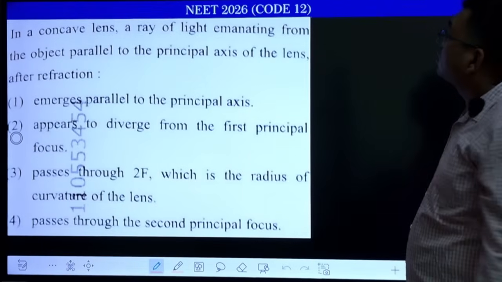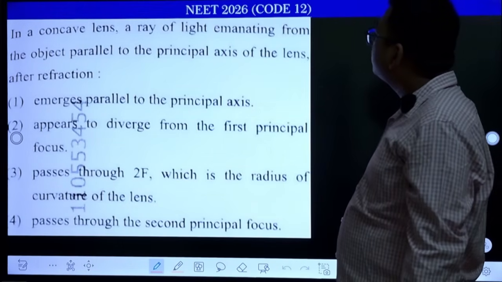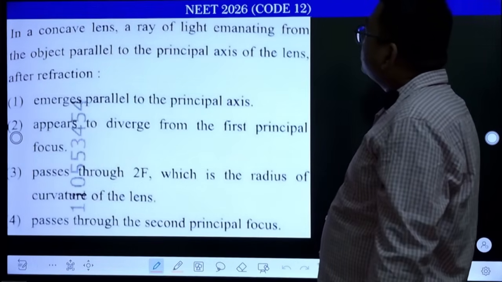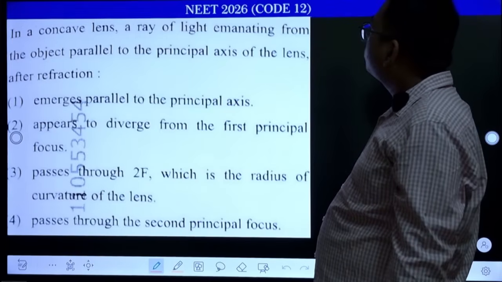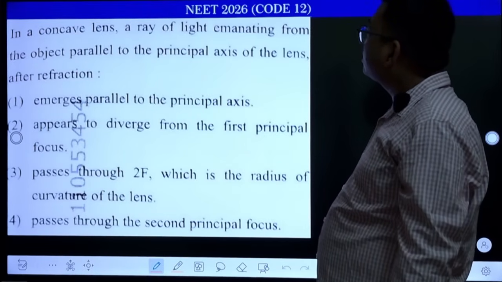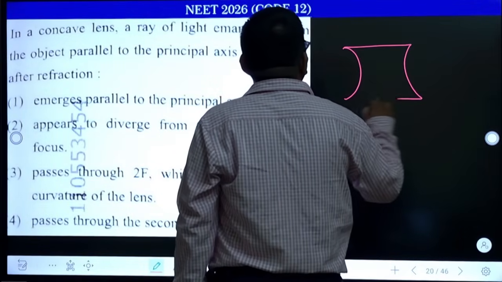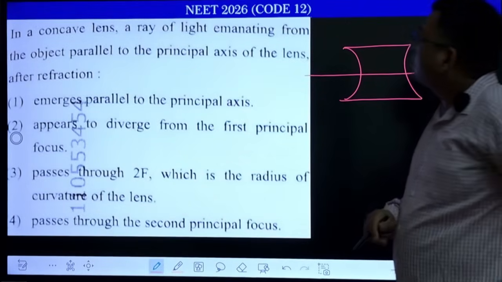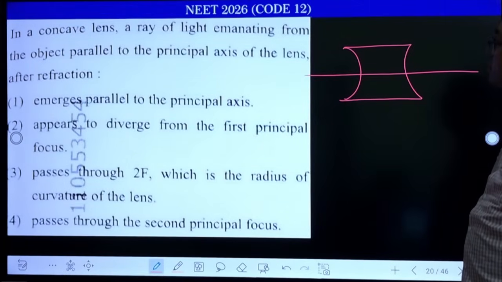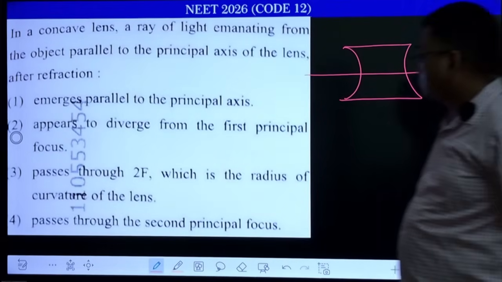Let's move. In a concave lens, a ray of light emanating from the object parallel to the principal axis of the lens after refraction. Concave lens it is. What does it mean? Suppose this is a concave lens. This is the principal axis. We know that a ray of light emanating from the object parallel to the principal axis of the lens, after refraction, what does that mean?